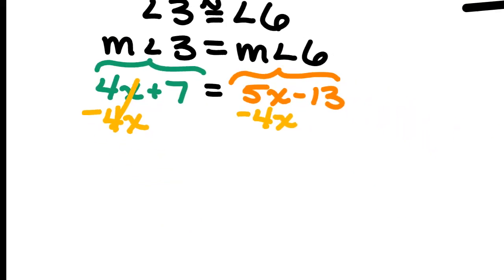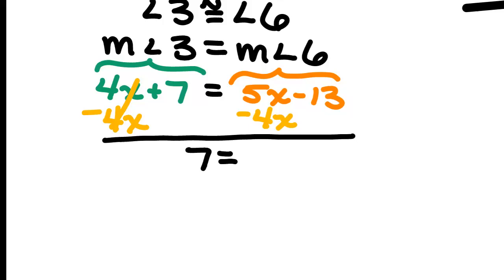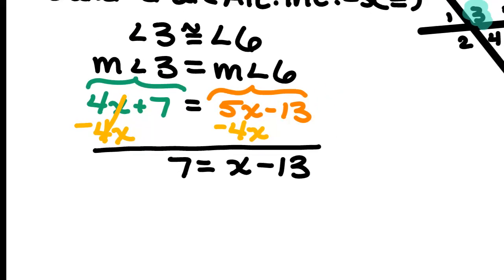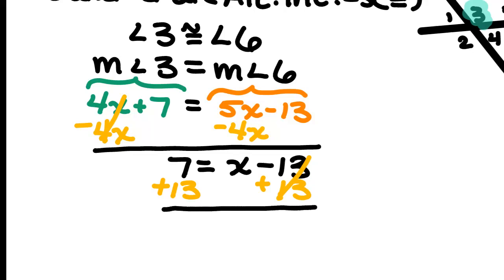So I get 7 equals what? One x minus 13. So 7 equals x minus 13. Then we're going to add 13 to both sides to make that minus 13 cancel out. And so x is how big? 20. 20 equals x.